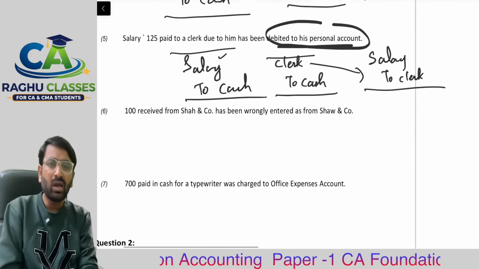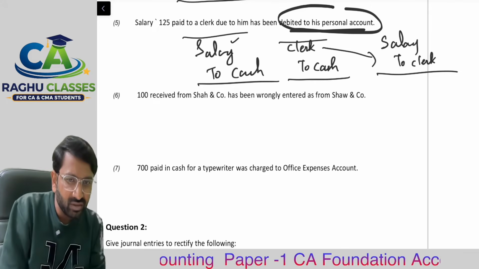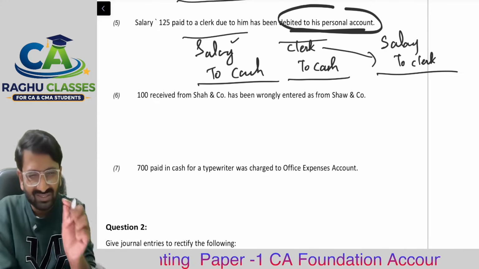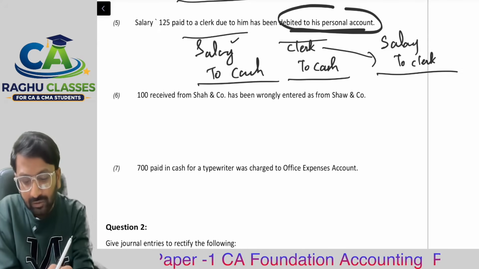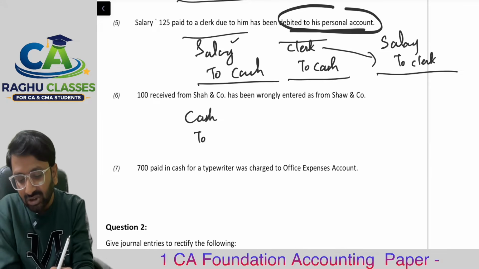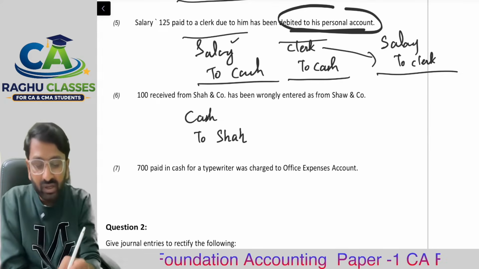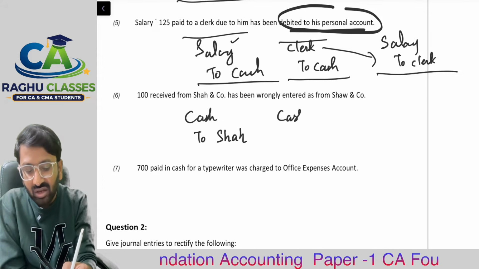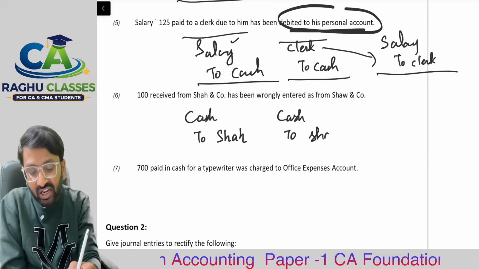Next one. 100 rupees received from Shah & Co has been wrongly entered as from Shaw & Co. This is posted to the wrong account. Just a change in the spelling here. When we got money, the correct entry should have been cash account debit to Shah. But instead of writing that, the wrong entry is cash account debit to Shaw.